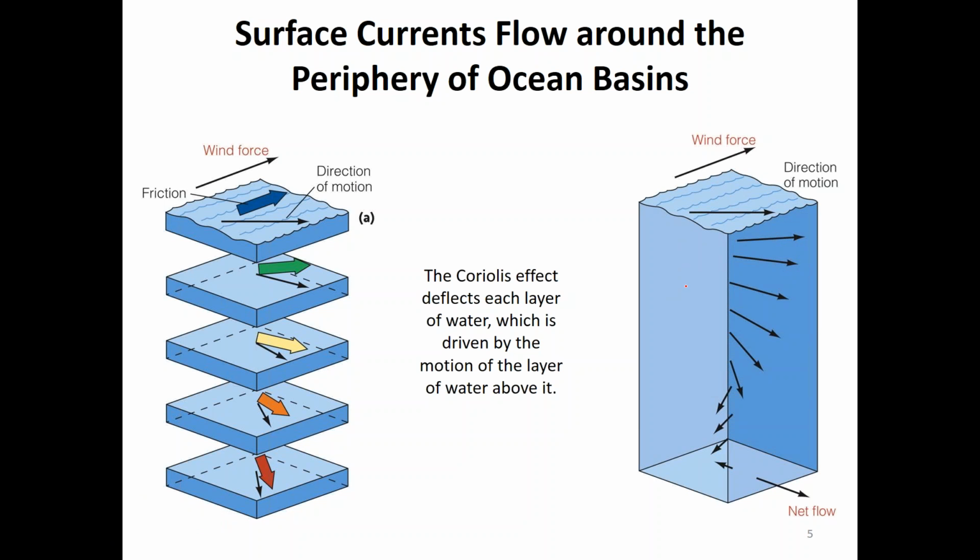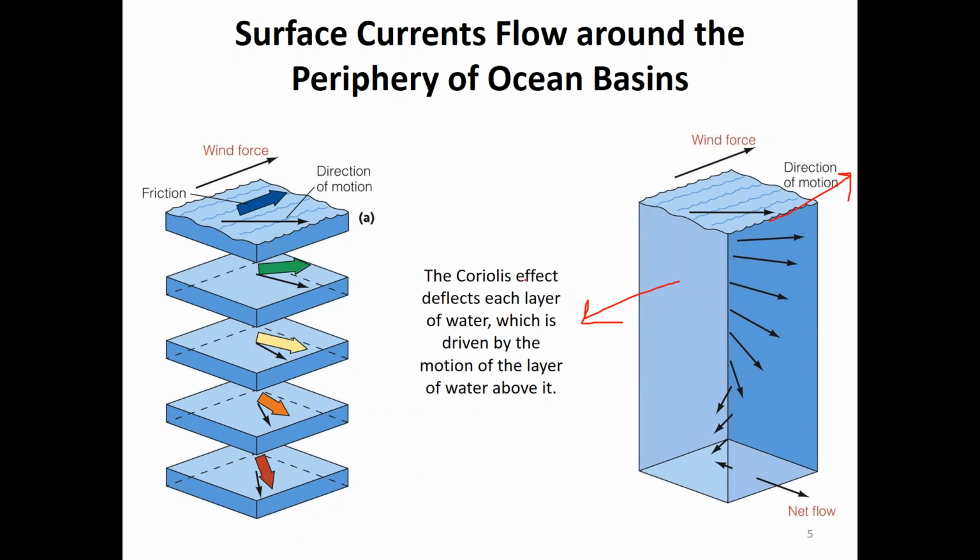Now, if we were able to measure all the water flowing out of this face and compare it to all the water flowing out of that face, they're the same. So the amount of water moving in this direction is the same as the amount of water moving that direction. So there's no net flow of water parallel to the direction of the wind.